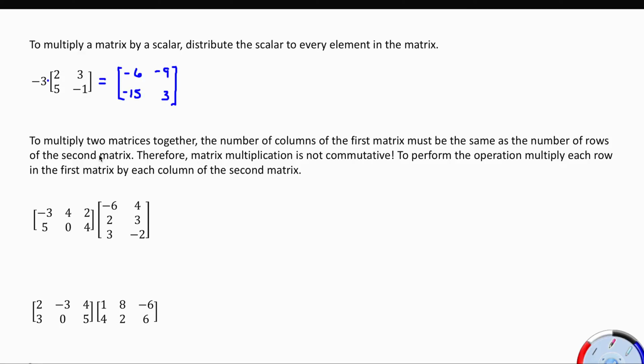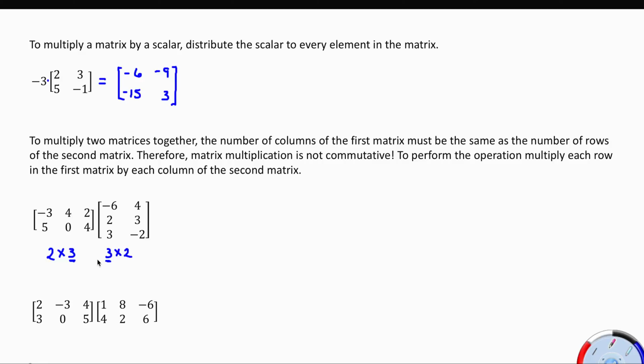To multiply two matrices together, the number of columns of the first matrix must be the same as the number of rows of the second matrix. So, for example, this is a 2 by 3 matrix, and this is a 3 by 2. So what has to happen is these have to be the same number.